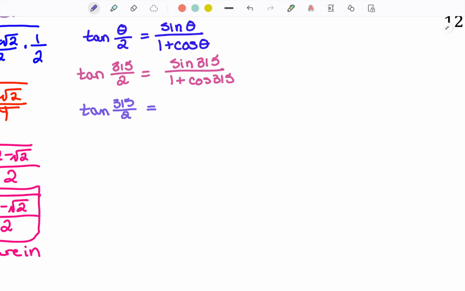So on the unit circle, that is the negative square root of 2 over 2 over, see, our 1, I'm going to go ahead and just turn that into 2 over 2 because everything has a denominator of 2, plus the square root of 2 over 2.